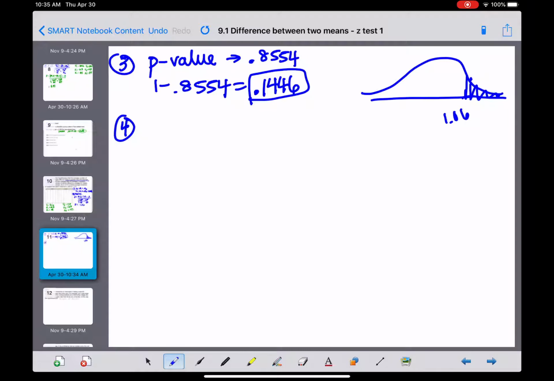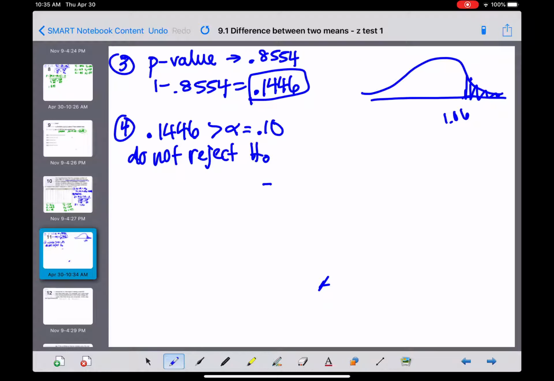Remember, if the p-value is less than alpha, then you're going to reject the H naught. My alpha level was 0.10, so my p-value is greater than alpha of 0.10. So I do not reject. The reason we're not rejecting is that it's probable that it came from this center region.